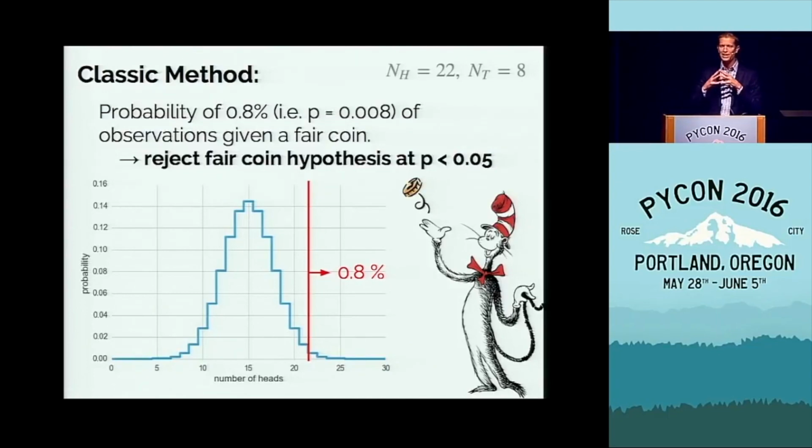That says that assuming the null hypothesis is true, assuming there's no effect that we're interested in, the probability of getting our data just by chance is 0.8%. And we can say this is less than 0.05, which is the arbitrary bound that someone long ago decided was the right bound to set, and therefore our coin is not a fair coin.